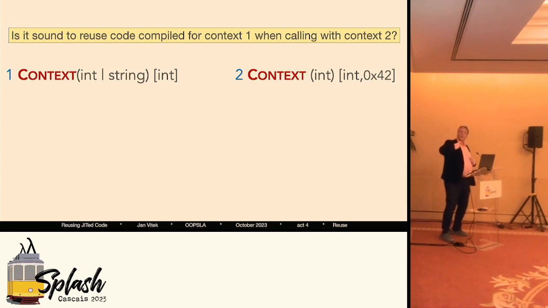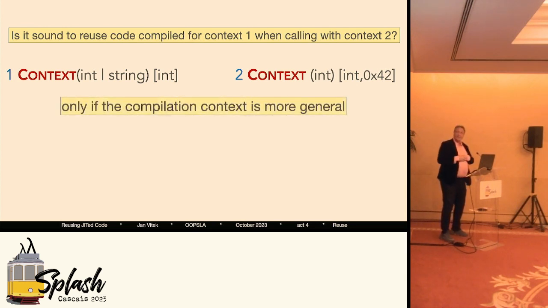Assume I had a piece of code that I compiled with the expectation that the type of the function could be an int or a string, and that it's going to de-opt on an int. And now I'm calling it, and I know that the argument is int. So is it safe? Yes, because the code was compiled in a more general context than the type you have at the call site.